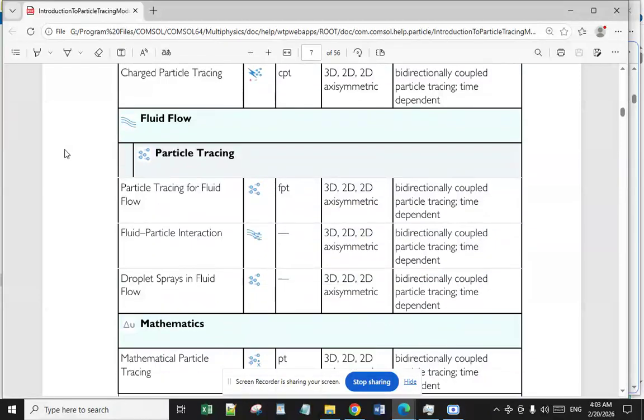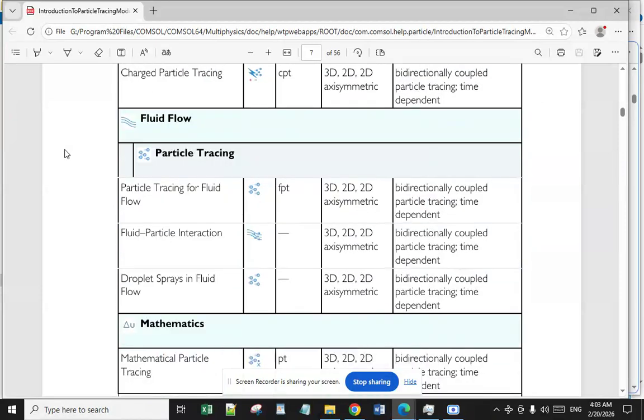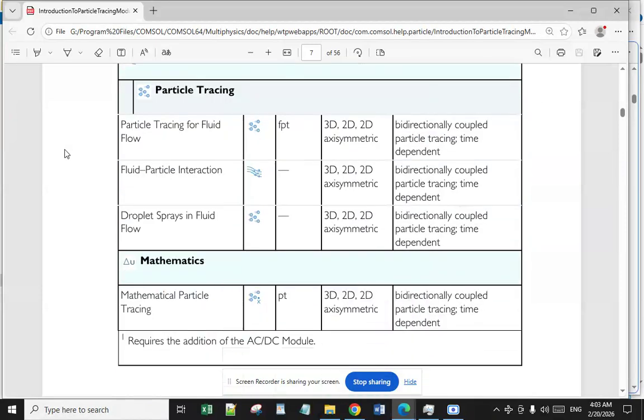In the fluid flow section, there is Particle Tracing for Fluid Flow, for two-dimensional, three-dimensional, and two-dimensional axisymmetric, and the available study types are bidirectionally coupled particle tracing and time dependent. And Fluid-Particle Interaction, two-dimensional axisymmetric and two-dimensional, and three-dimensional, with bidirectionally coupled particle tracing and time dependent.